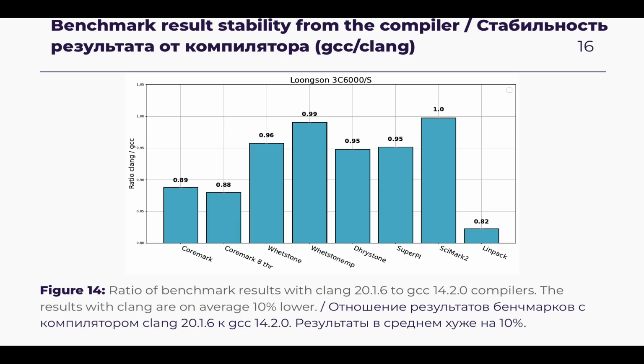For some benchmarks it's easy to compare, but some benchmarks have more multi-variable parameters and it is difficult to compare. For example, you can see that most benchmarks give somewhat lower results, by about 10%, for Clang. Next slide.